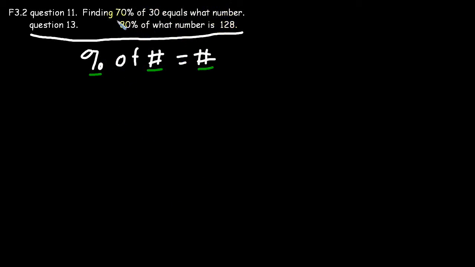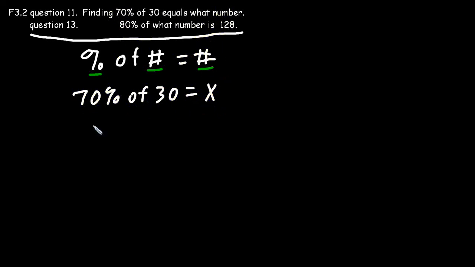Let me show you. So we have 70% of 30 equals, and then the what number, the unknown. Generally in algebra we call it x. So they're going to give you two items, and the third one you'll just call x.